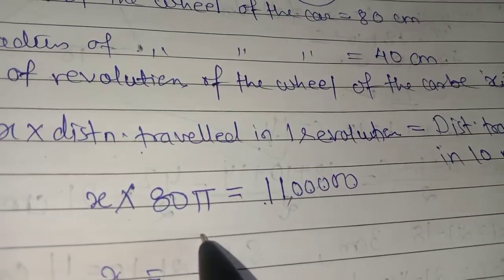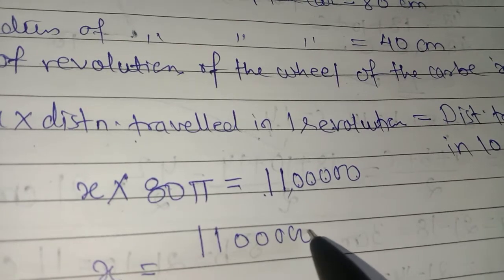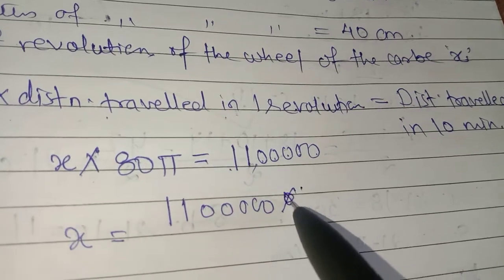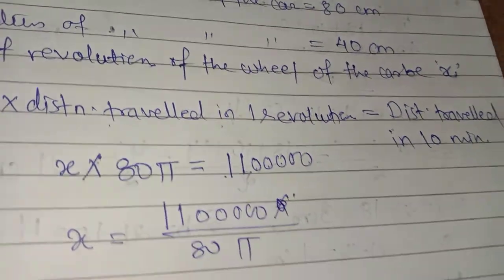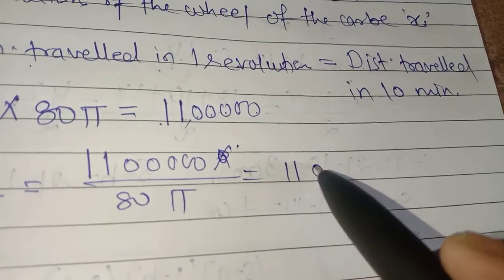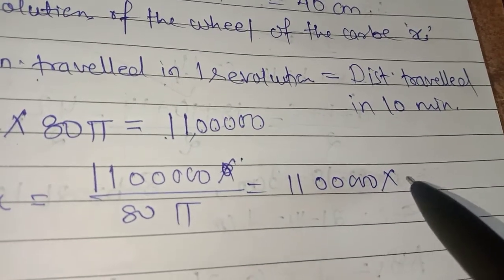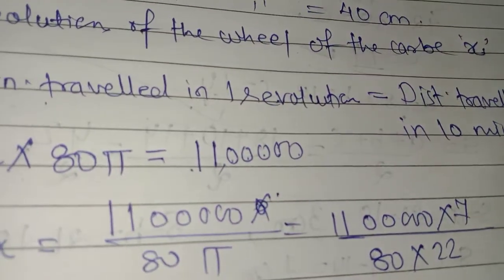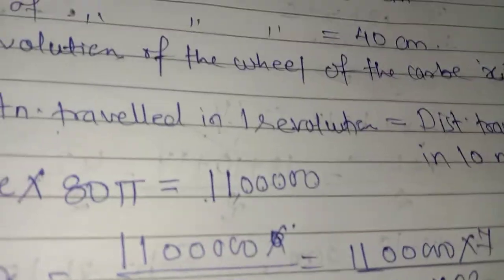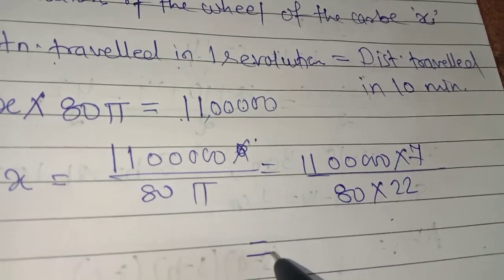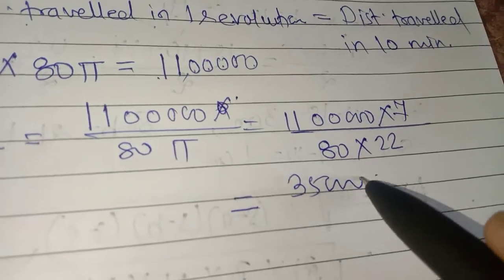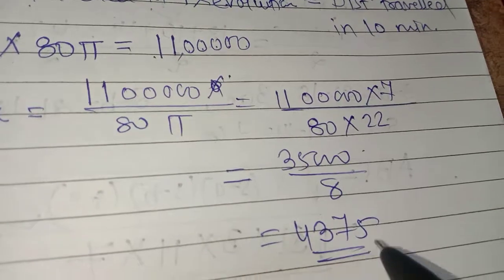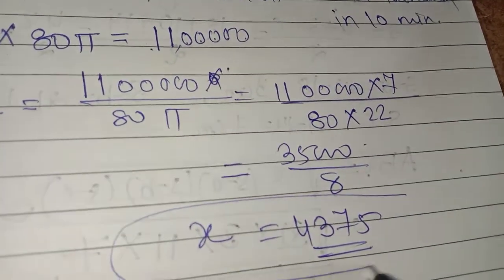So x is equal to 1 2 3 4 5 into 11, divided by 80 pi. So let's put the value now: 11 1 2 3 4 5 into 7. You know it is 22 by 7, so I'm taking 7 into the numerator. Let's solve it, and after solving we will have 35,000 divided by 8, so it is equal to 4,375. That is x, the number of revolutions. Clear?